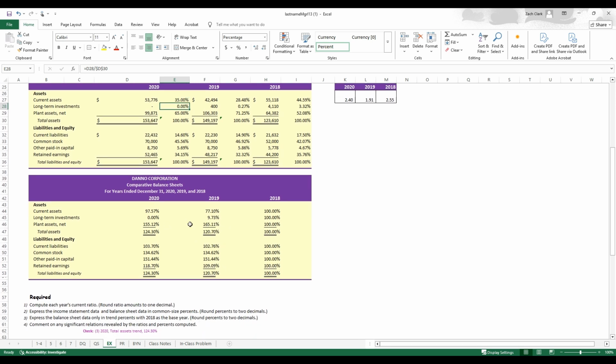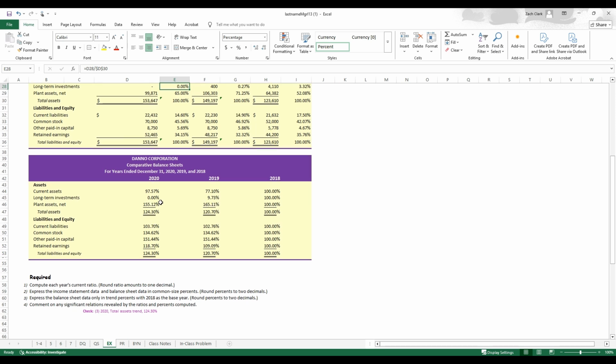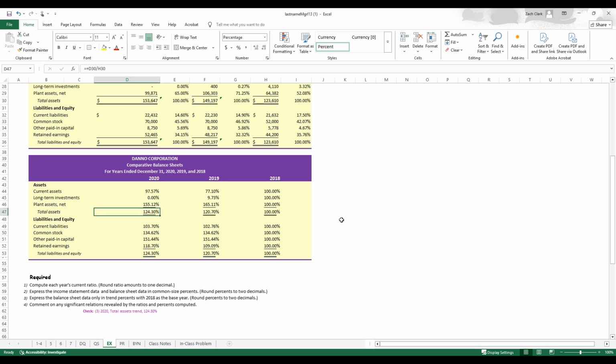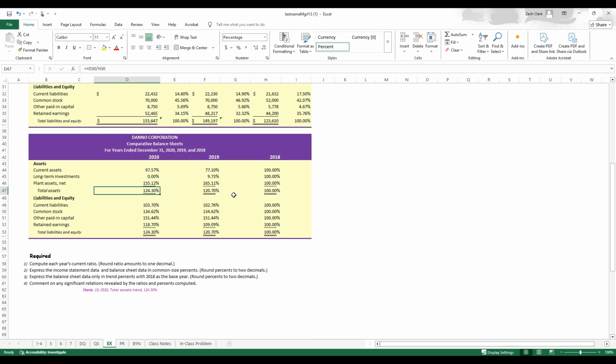Plant assets here, generally up from 2018, like we talked about. And so anyway, that's the overall gist.